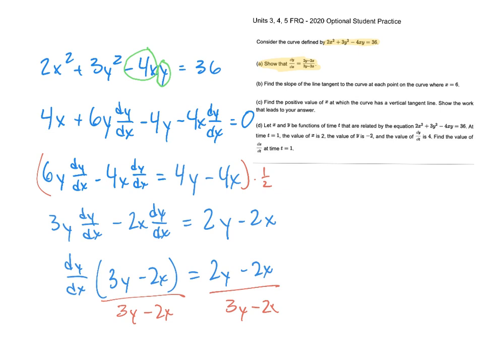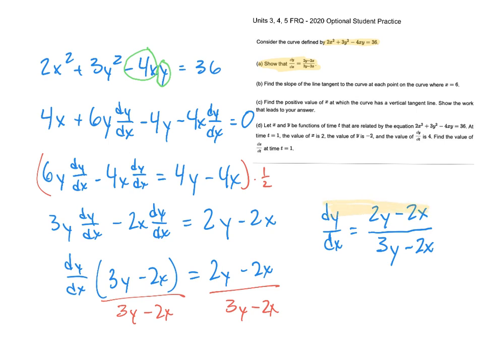And we've arrived at the intended result, which is that dy over dx equals 2y minus 2x over 3y minus 2x. And thank goodness that is exactly what we were supposed to get.